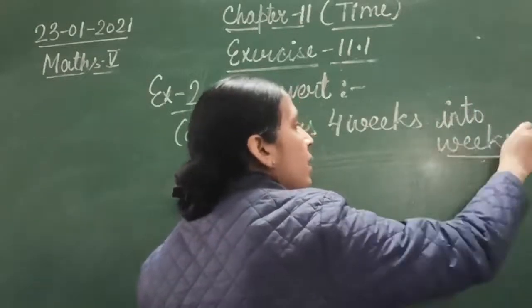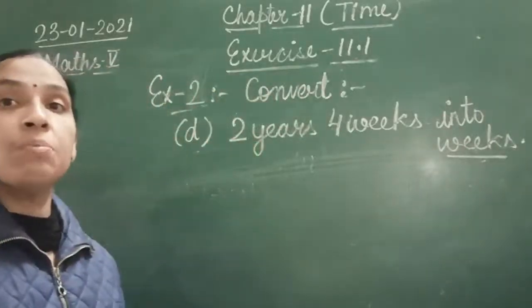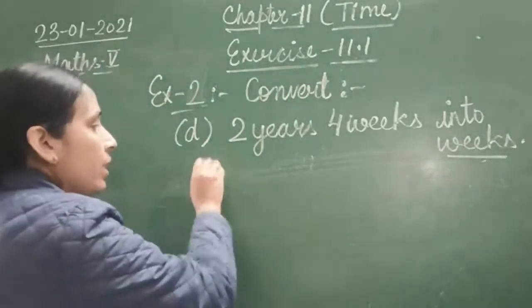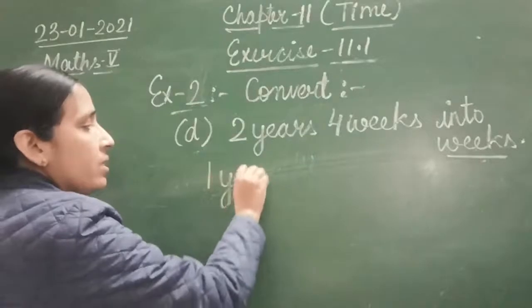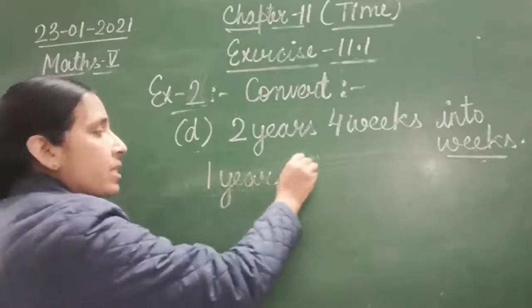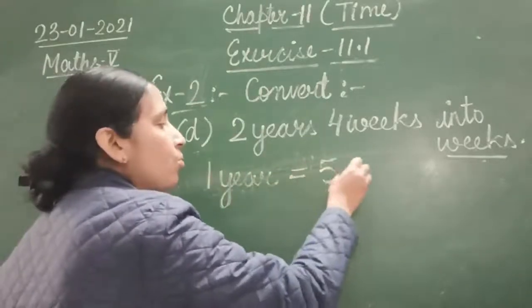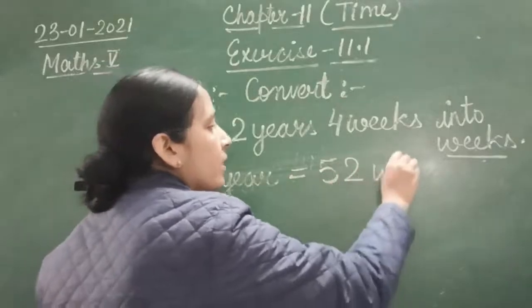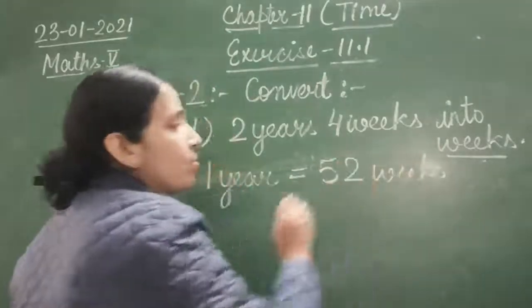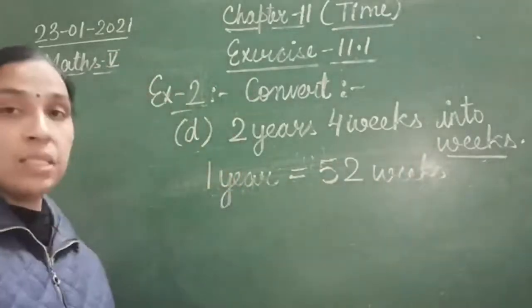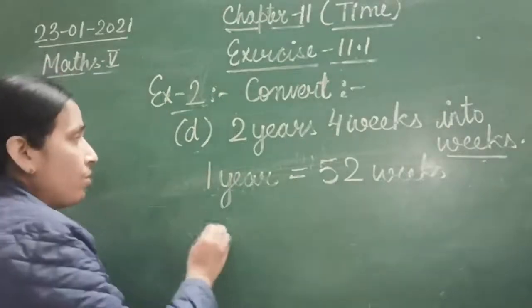So for converting into weeks, you find the relation between these two. 1 year is equal to how many weeks? That is 52 weeks. 1 year is equal to 52 weeks.